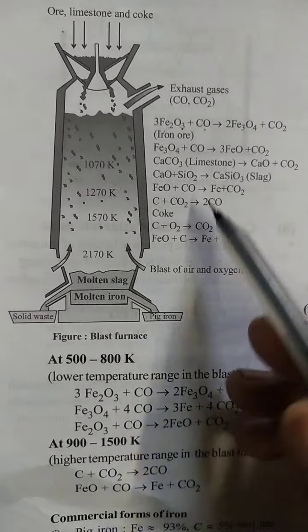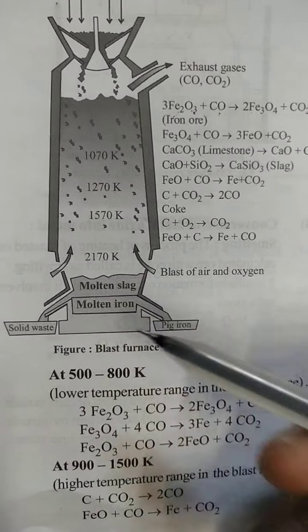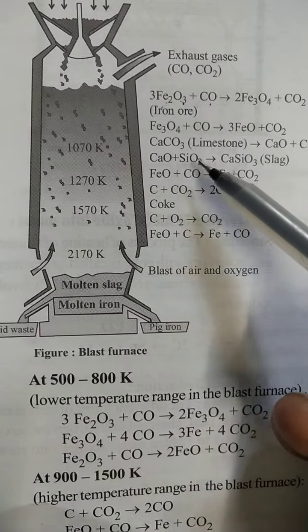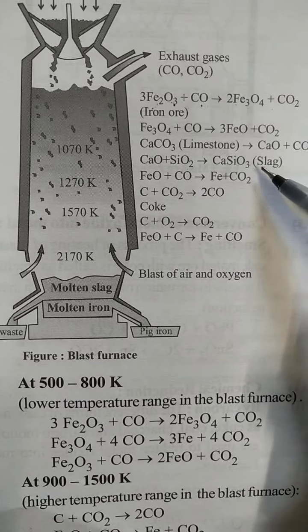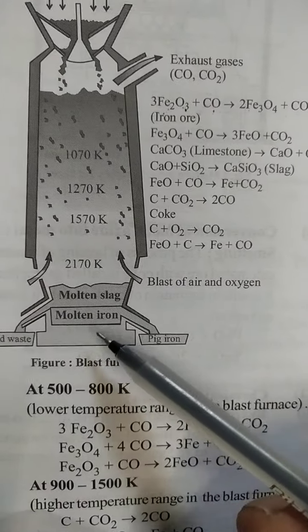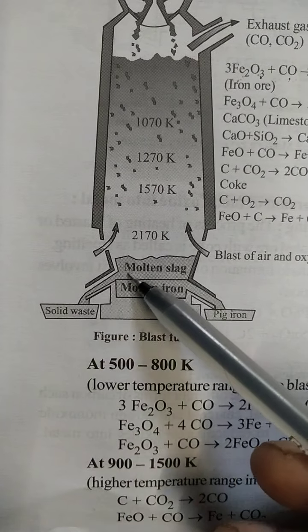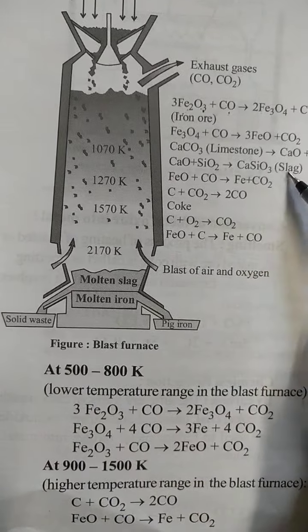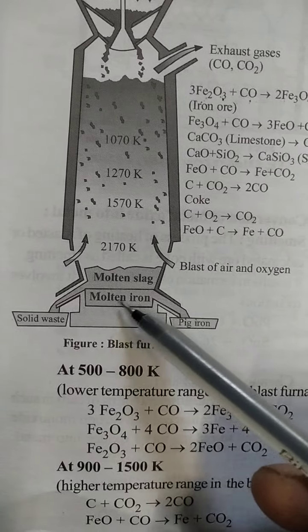In this area the molten slag is where calcium oxide has reacted with SiO2, the unnecessary impurities, and that is called slag. That slag is separated. This is solid waste. After the slag is separated, this FeO iron is called molten iron.